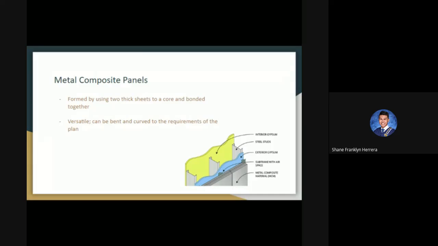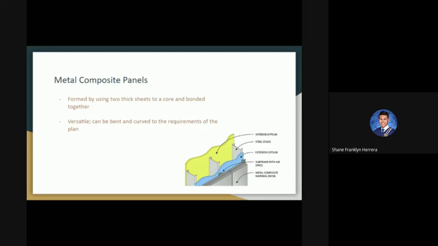The next material is metal composite panels. These are two sheets bonded to a core of either polyethylene or a fire retardant plastic material. From the picture, you can see that the metal composite material is covering the exterior gypsum and the interior gypsum.